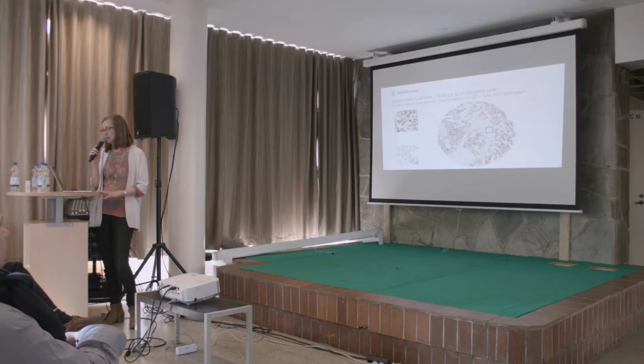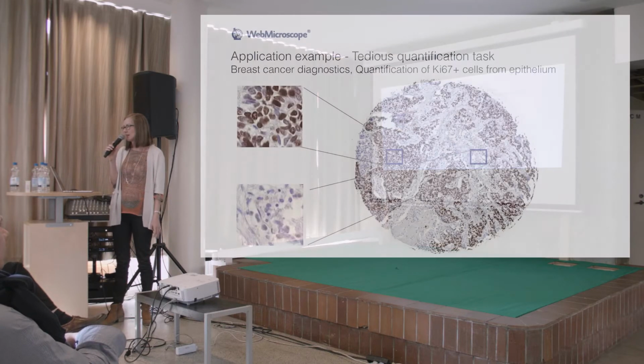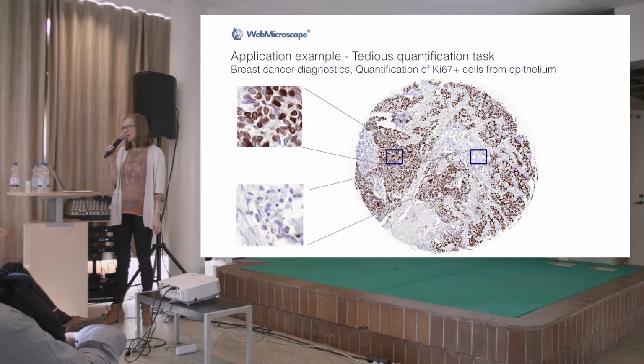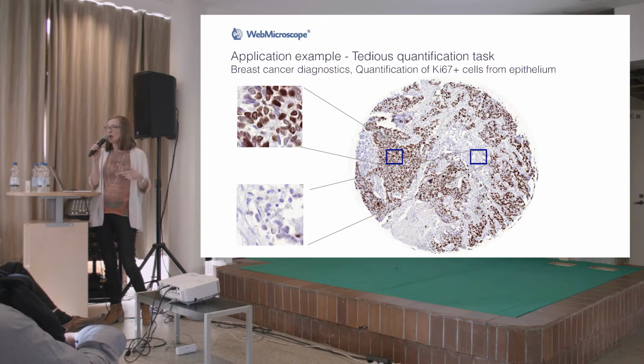But this is one of the examples I have here, and it's a breast cancer diagnostic case, and it's about quantifying a Ki-67 biomarker, and this is quantified inside the epithelium part of the tissue. So first we need to detect the epithelium, and then do the quantification of the positive and negative cells inside there.